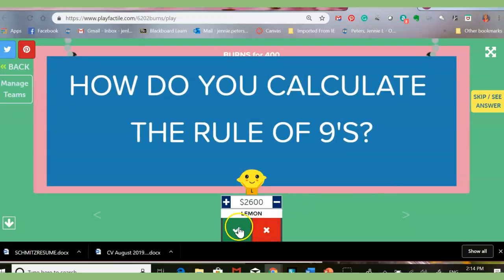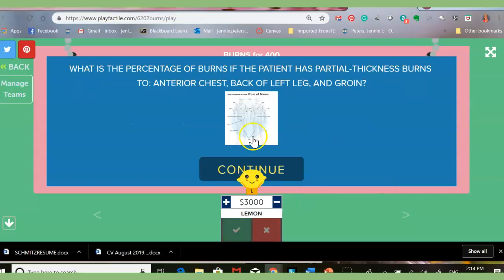And how do you calculate the rule of nines? I know this is a little picture, so you may want to go to another source. You can just Google rule of nines picture. And I would just understand what this is. I would understand where the numbers are also. So for example, this is a question: what's the percentage of burns if the patient has partial thickness?